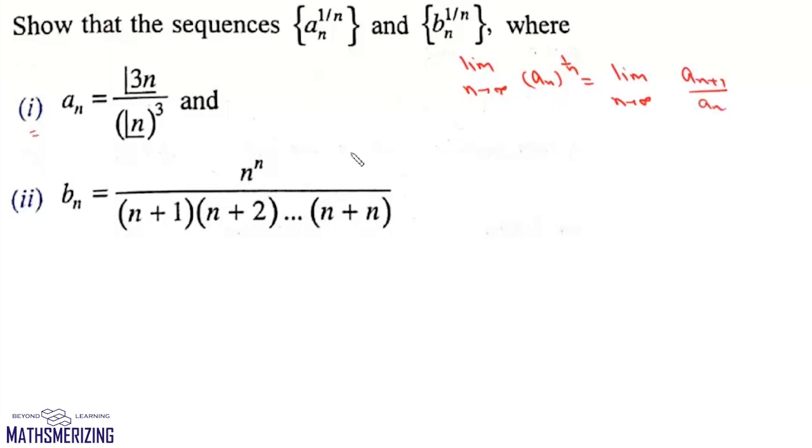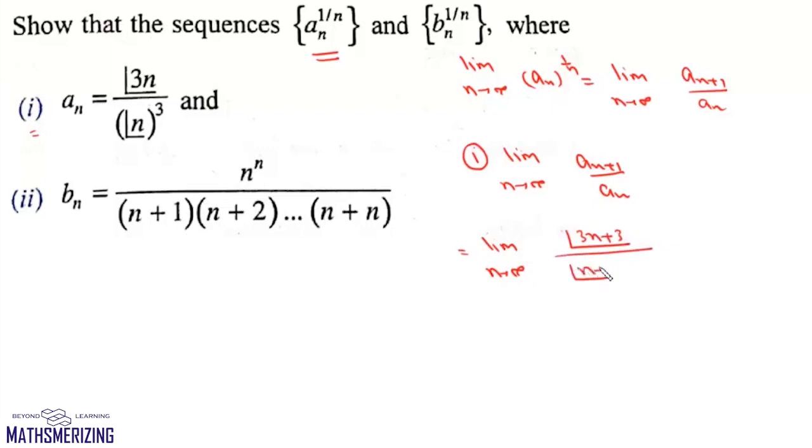So for this first one, if we have to calculate this limit, it will be equal to the limit as n tends to infinity of an plus 1 upon an. Now what's an plus 1? An plus 1 will be factorial 3n plus 3 upon factorial n plus 1 cube, upon an, and an is factorial 3n upon factorial n cube.